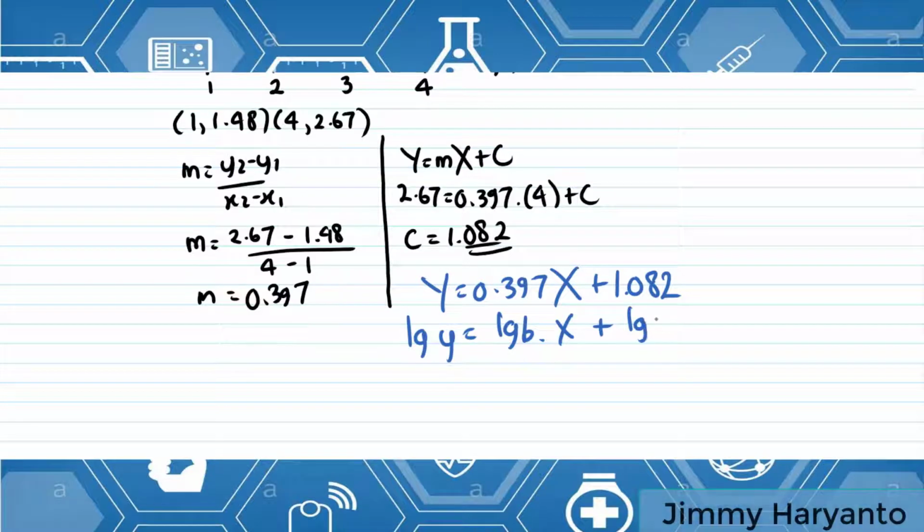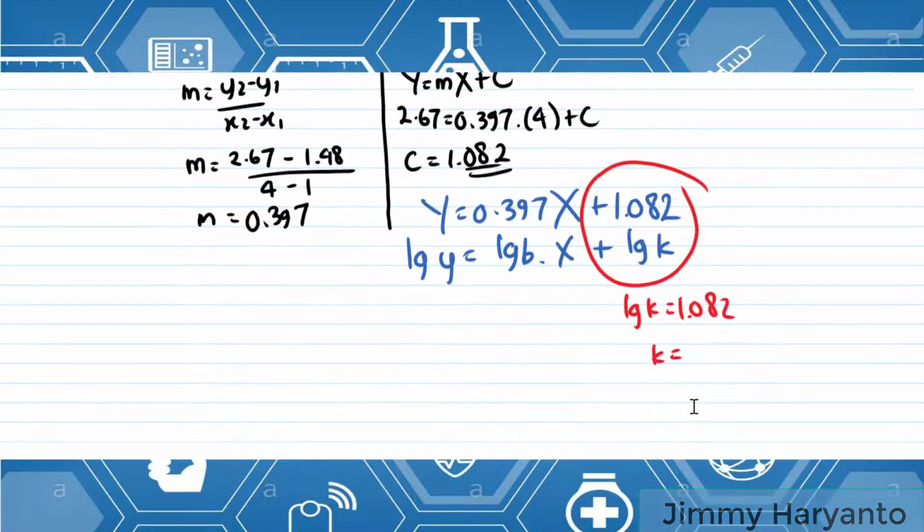This one is LGK. I can tell that LGK equals to 1.082. So K will be, move the LG to the right side, 10 to the power of 1.082. So K equals 12.08. Okay, this is K.